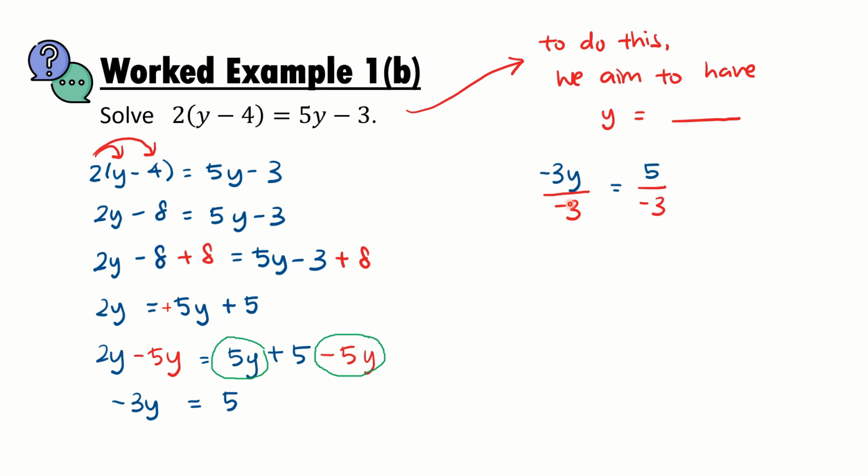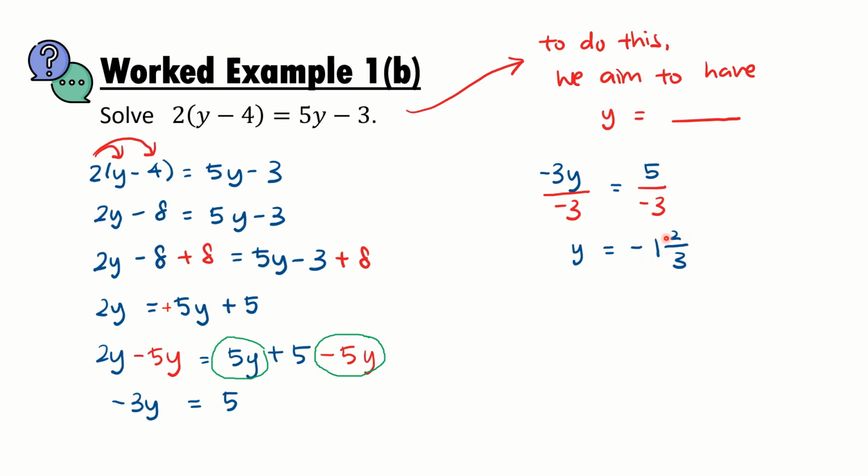So this negative 3, upon division by negative 3, will become a 1, because I know that if I take a number and divide by itself, it will become 1. So I'm left with 1y, which I can just write as y itself, and 5 over negative 3 will then become negative 1 whole and 2 over 3.